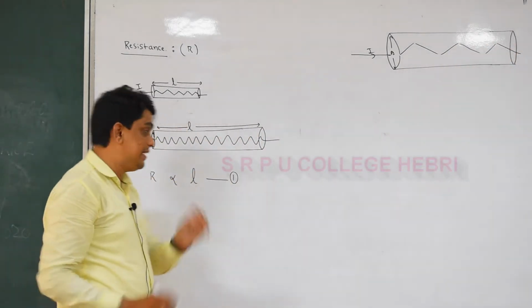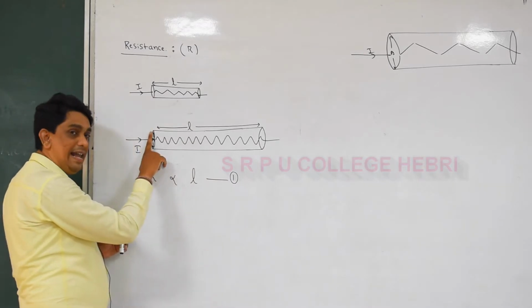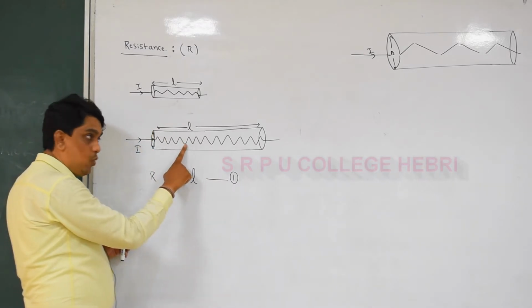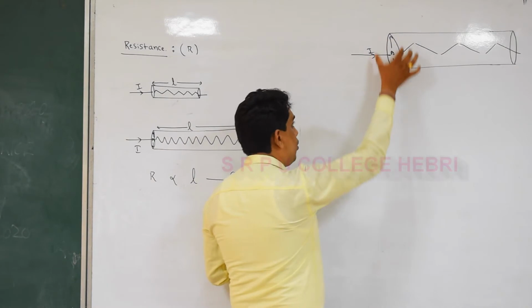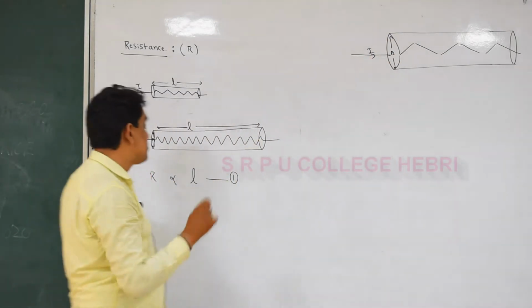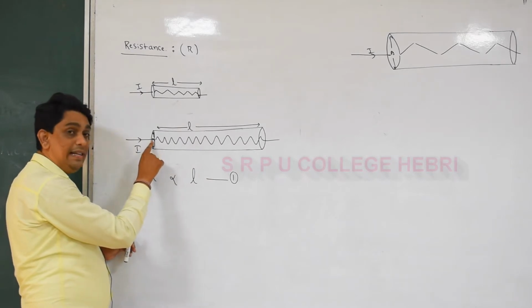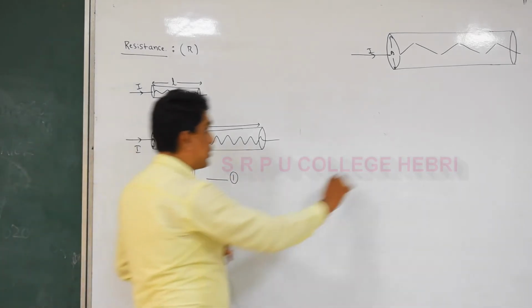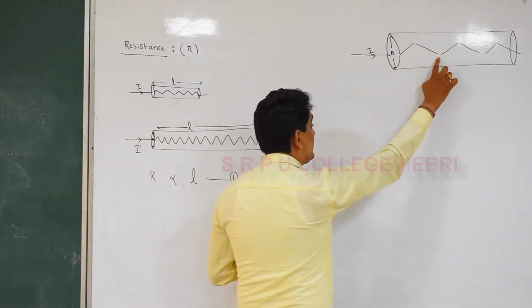Please observe this. When area is less, resistance is more. When area is more, resistance is less. Let me repeat this particular fact. Area less, resistance more. Area more, resistance less.